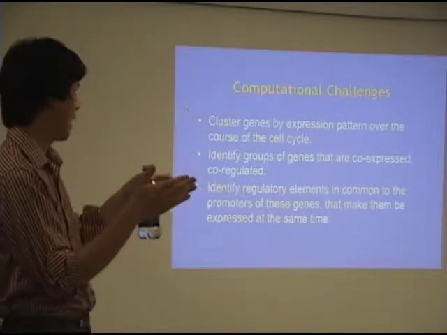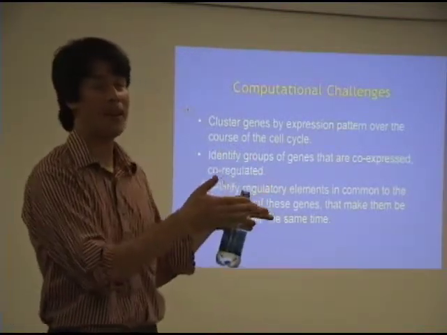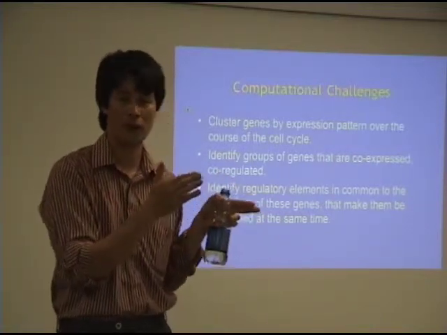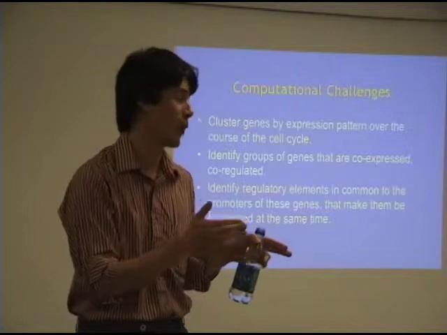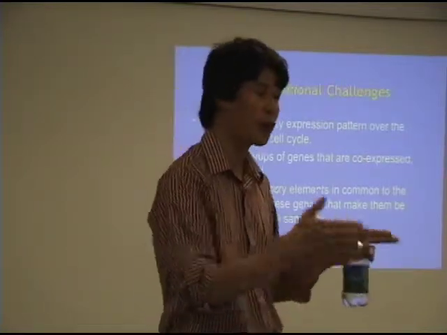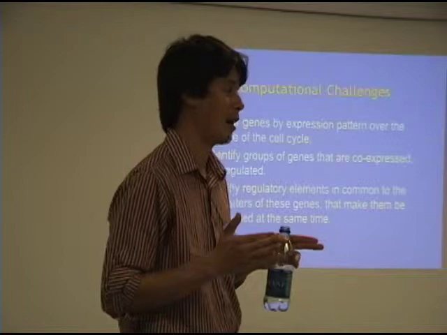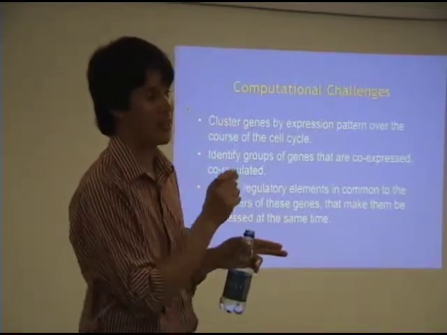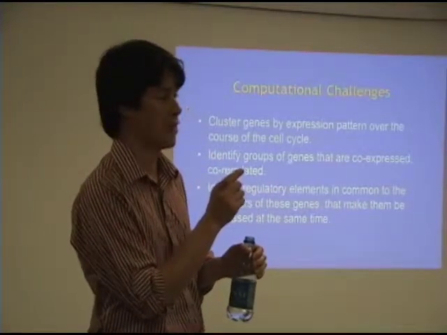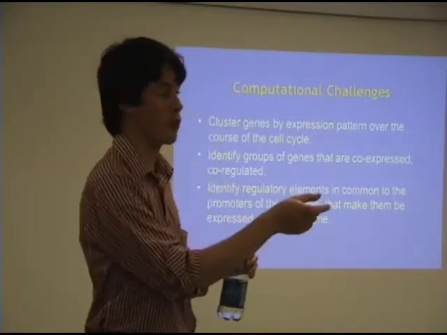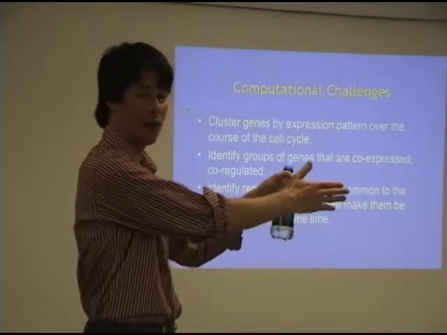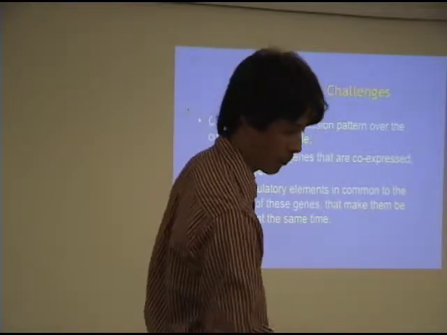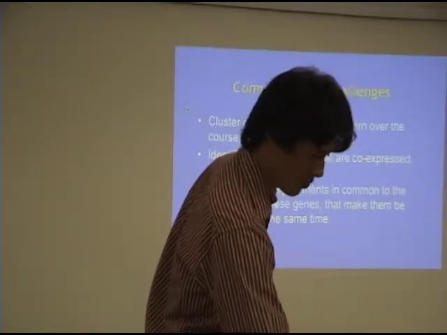We know that the DNA sequence immediately upstream from the gene typically is the most important region for controlling when it turns on and when it turns off. So we can extract those regions of the genome sequence and ask, can we find individual short sequence motifs that are found much more frequently in this set of genes that are all expressed in synchrony compared with all the other genes in the genome? Please stop me if you have any questions.